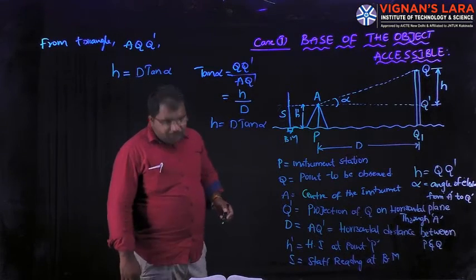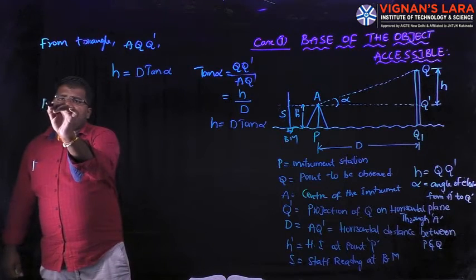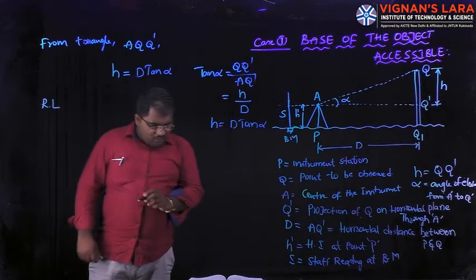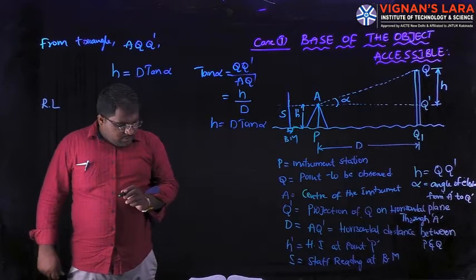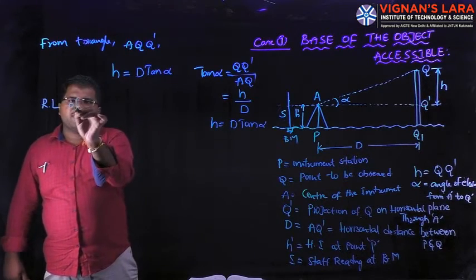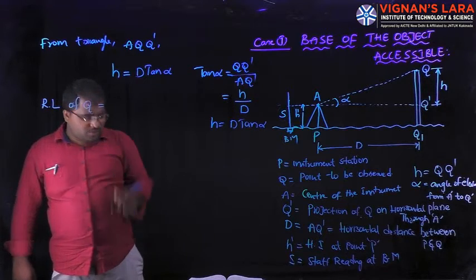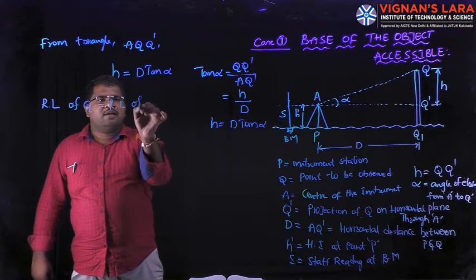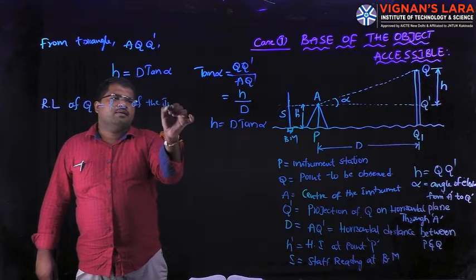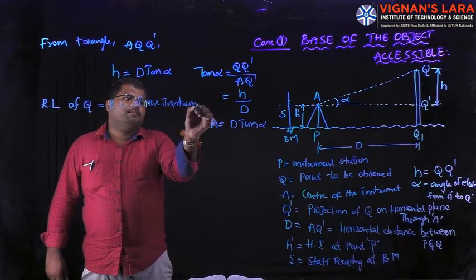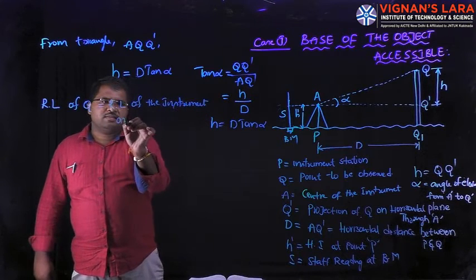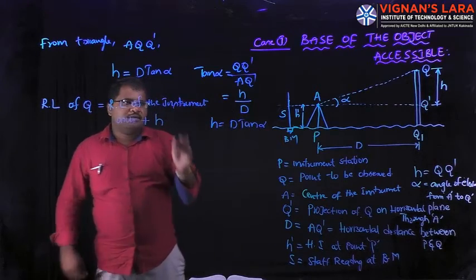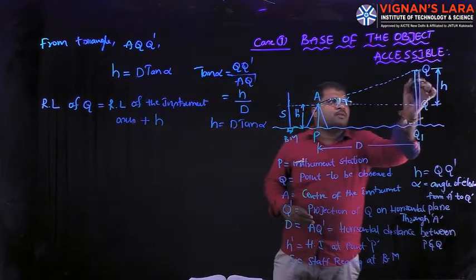Now RL, reduced level, right? So RL of Q is equal to RL of the instrument axis plus H. Is it right? So what is the RL of this point?